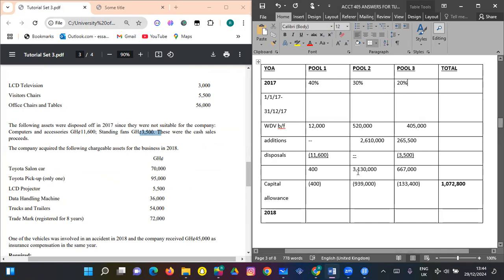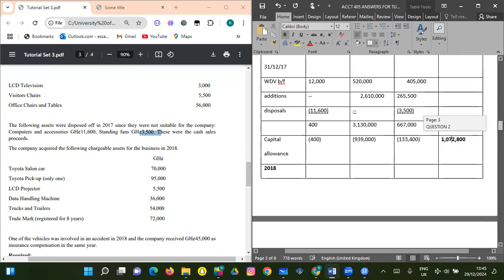So we find 40%, 30% on this, then we get this. Then we find our 20% on this, then we get this as our capital allowance. Remember, this was a full year, so we would not apportion or do any 300 and something over whatsoever. For us to get a total here, we add all of these capital allowances and we get a total here.